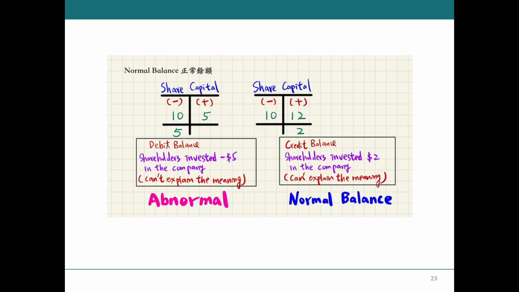For share capital, the same. Share capital normal situation should be on the increase side. For share capital, increase is on credit. So credit balance, you find out the number on credit balance. That makes sense. How to explain it? Remember?